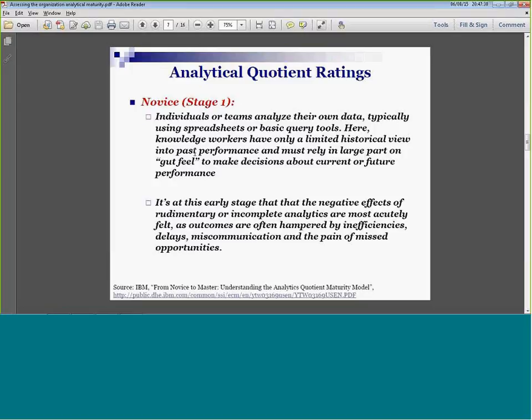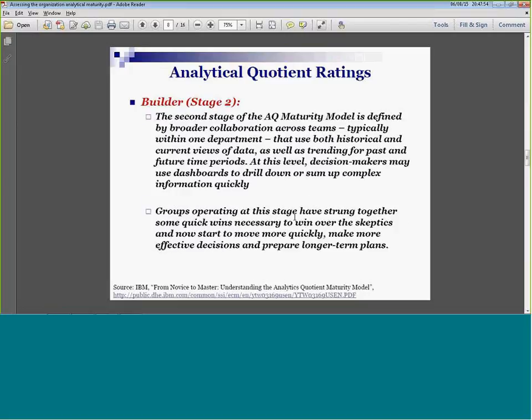Knowledge workers have a limited historical view into past performance and rely in large part on gut feel. It's at these early stages that the negative effects of incomplete analytics are most acutely felt. Because you might think, oh, well, we're using some basic tools here, we're really doing well. No, but again, these tools are usually not complete tools, but they're a good starting point.